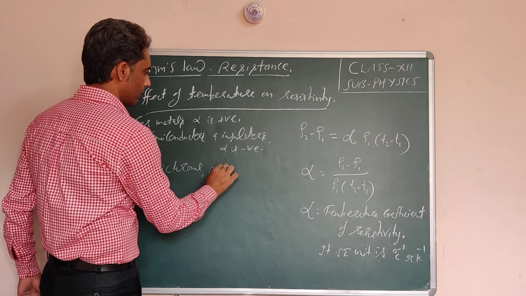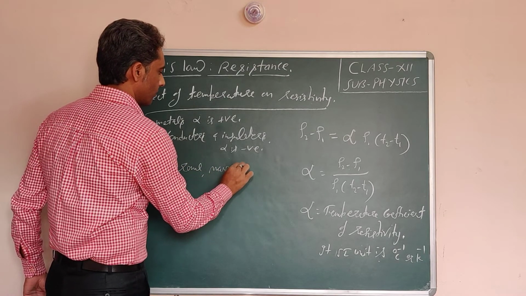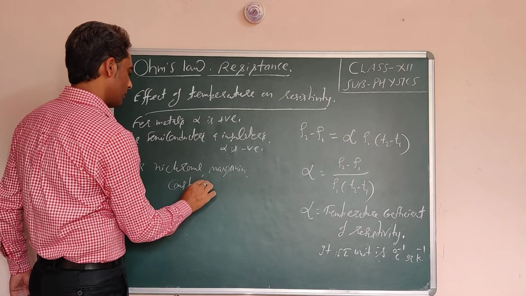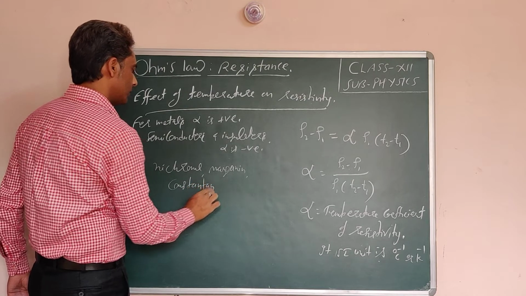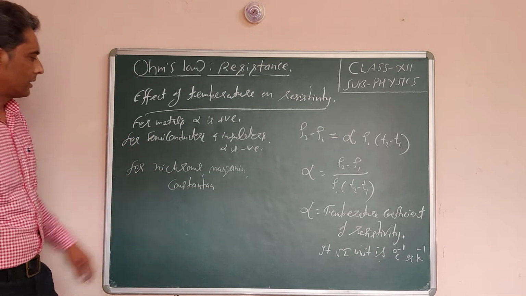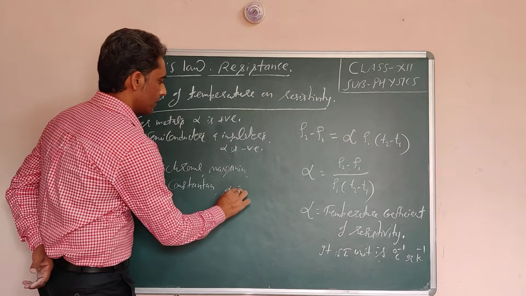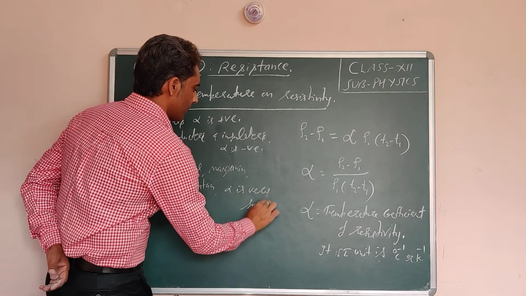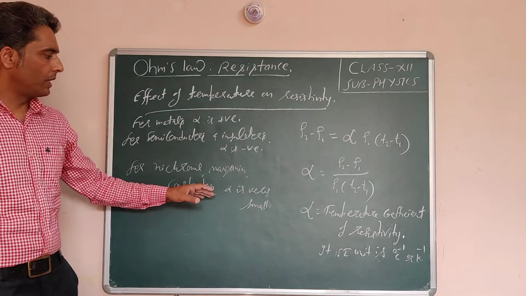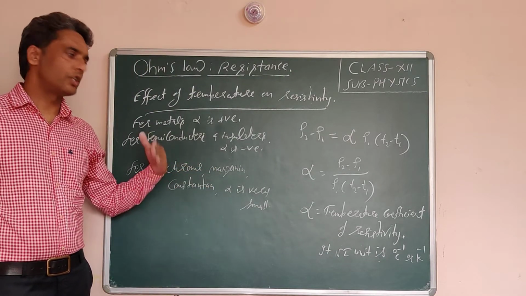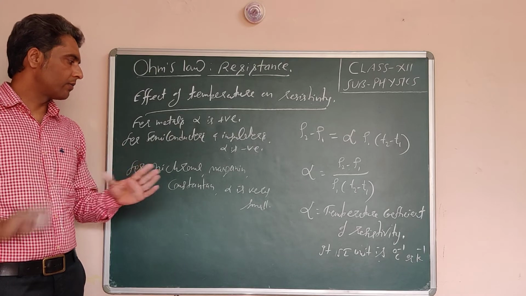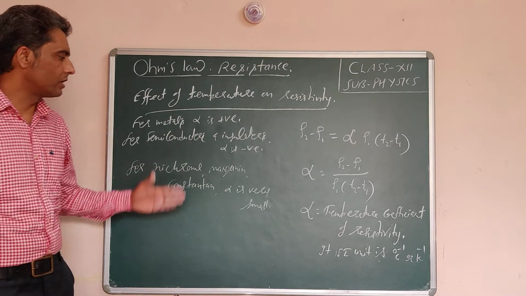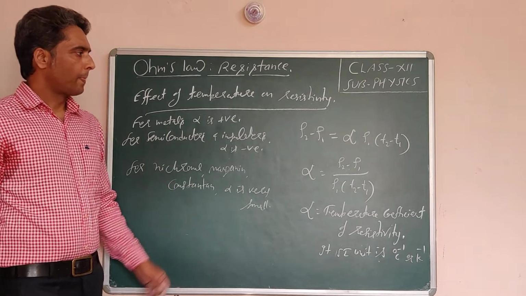Very small alpha means their resistivity does not change with temperature, and that's why these materials are used for making standard resistors. Also their resistivity is very high.